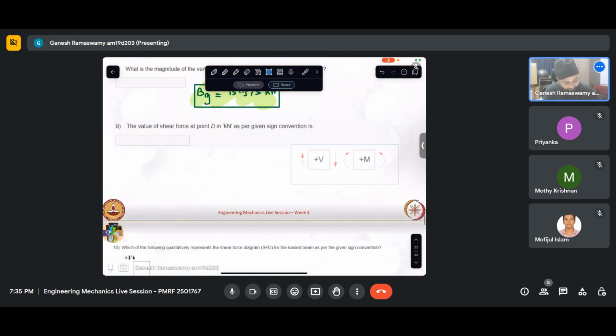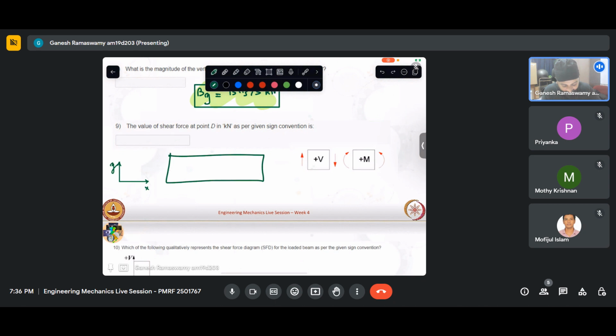If I invariably take my positive V to be pointing like that, which will be so in most cases unless there's a special condition, then whenever I draw the free body diagram with X increasing in the right direction, I'll have to put my shear force like that.